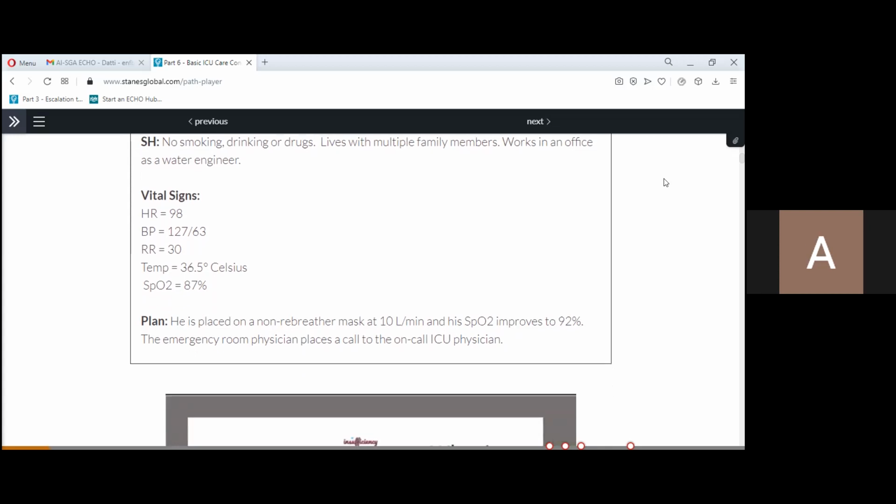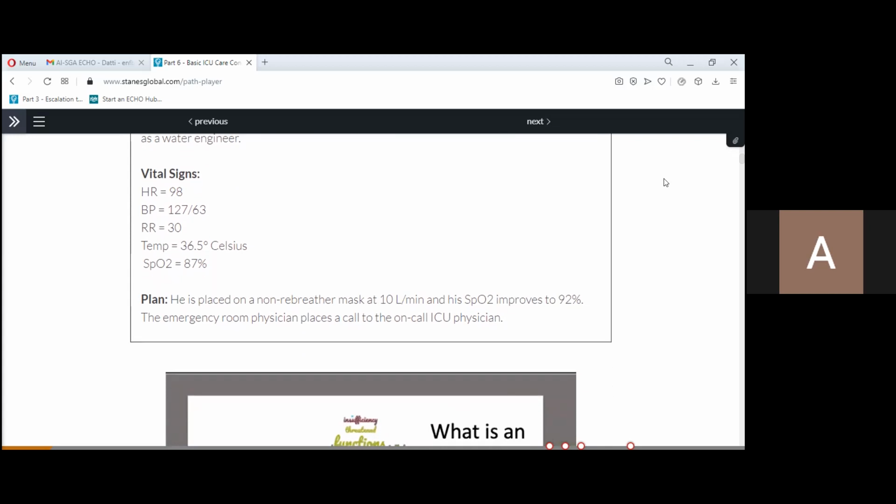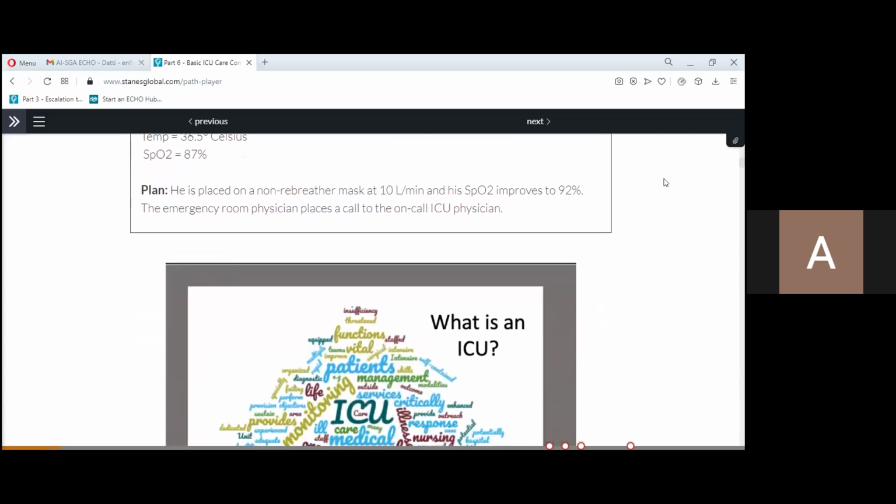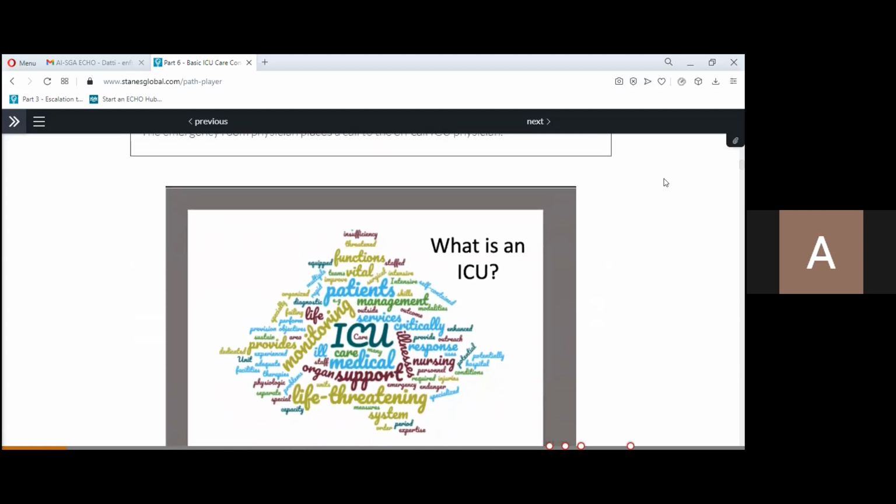So the plan is he is placed on a non-rebreather mask at 10 liters per minute, and his saturation improves to 93%. The emergency room physician places a call to the on-call ICU physician. This is typical in most of our settings.